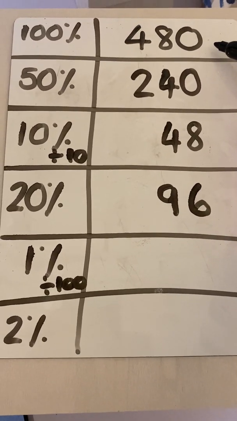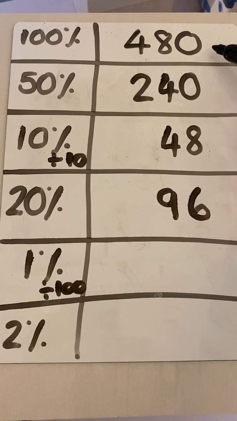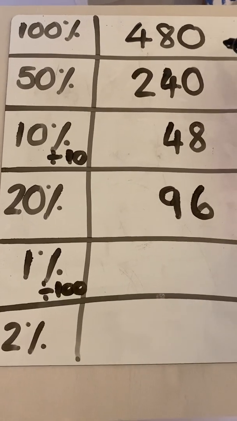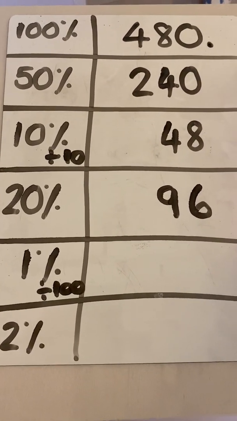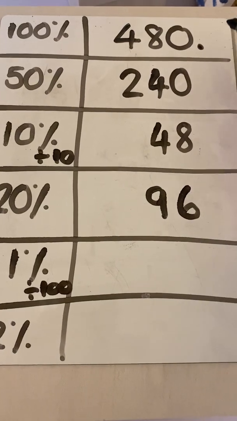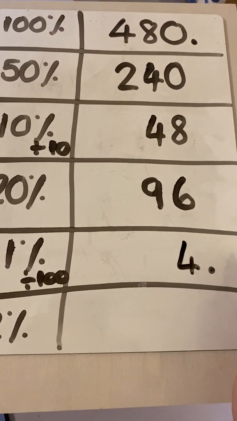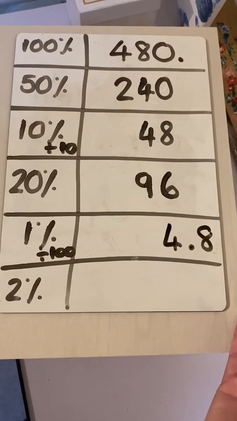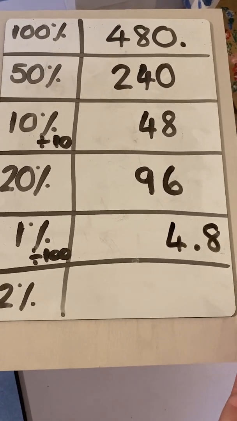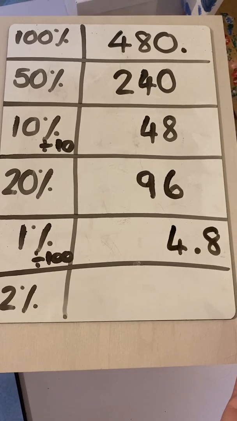And I know when I divide by 100, I move everything to the right 2 times. So if I were to put my decimal point in, just as an example, and I move my numbers 1, 2, I can see that I will end up with 4.8. So 1% of 480 is 4.8.